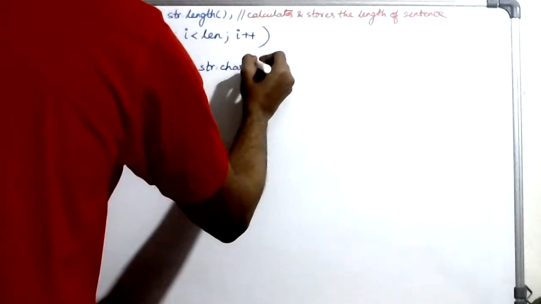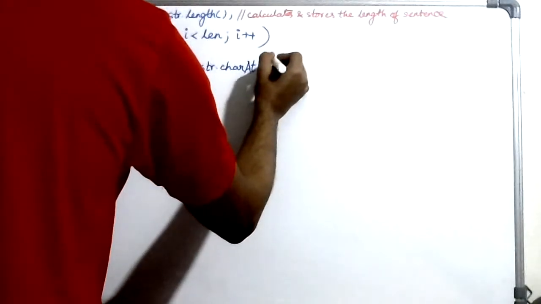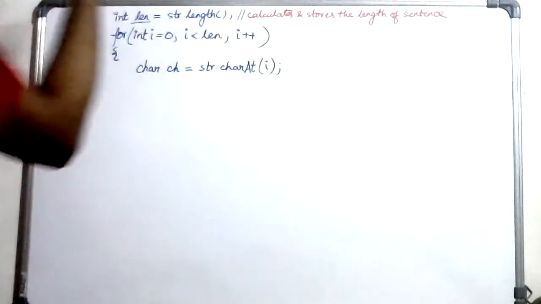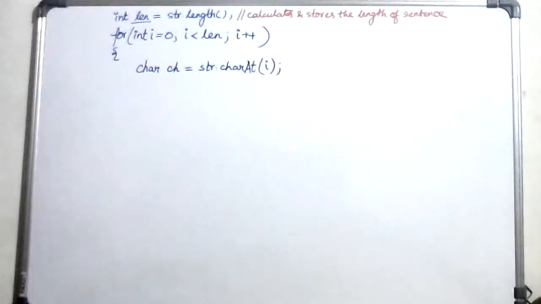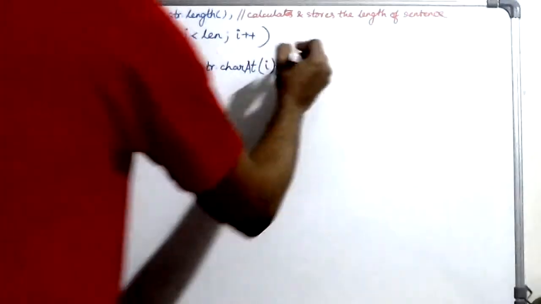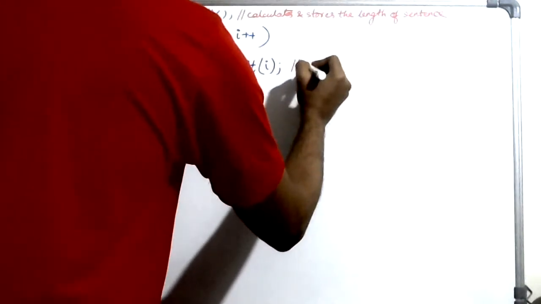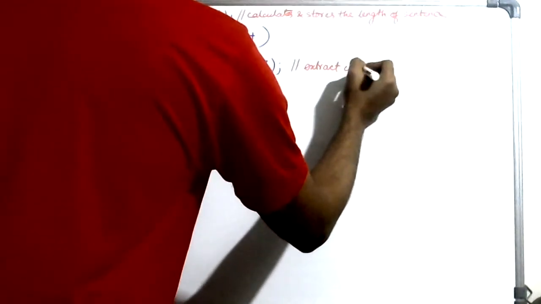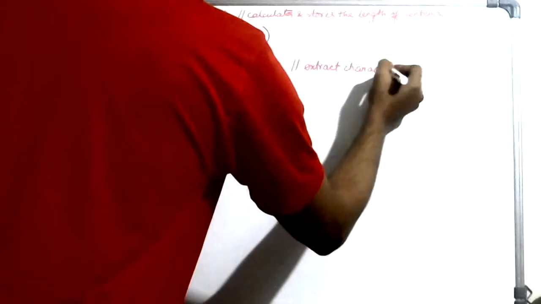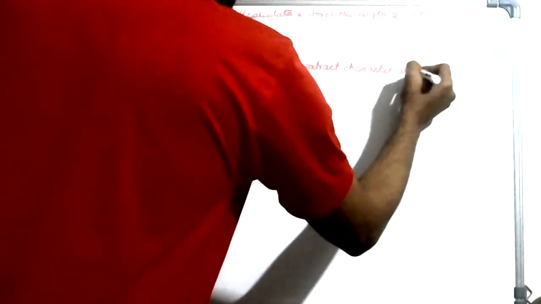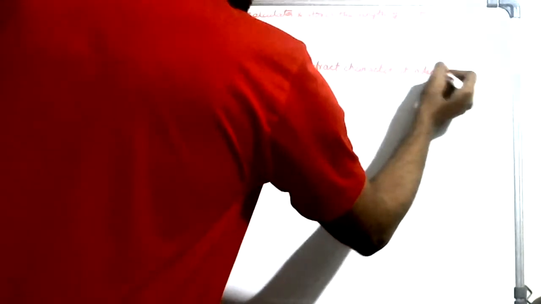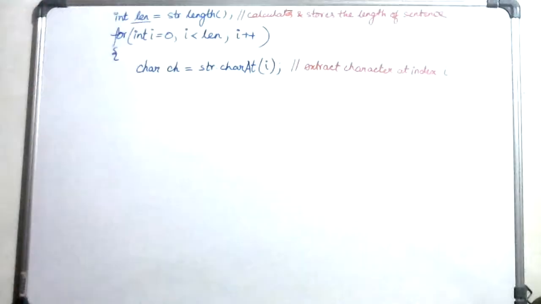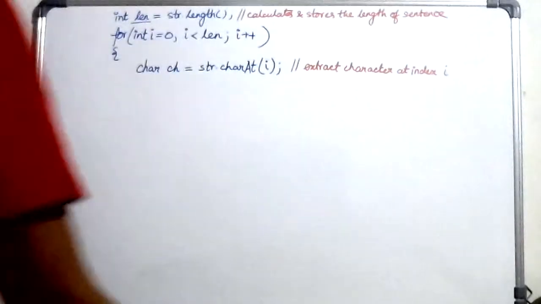So str dot charAt i, where i is nothing but the loop variable, or rather the index variable. Extract character at index i. So the value of i is nothing but the index value. It will extract the character at location i.